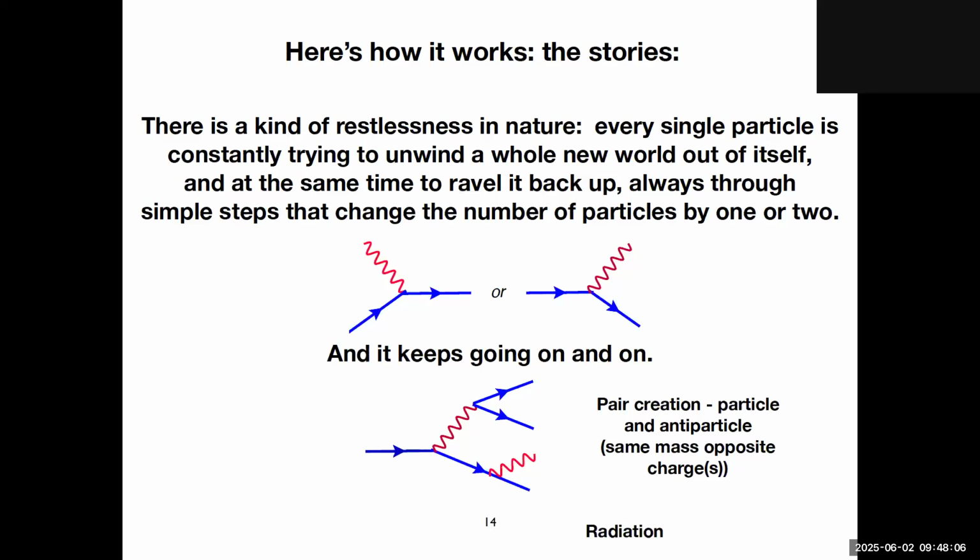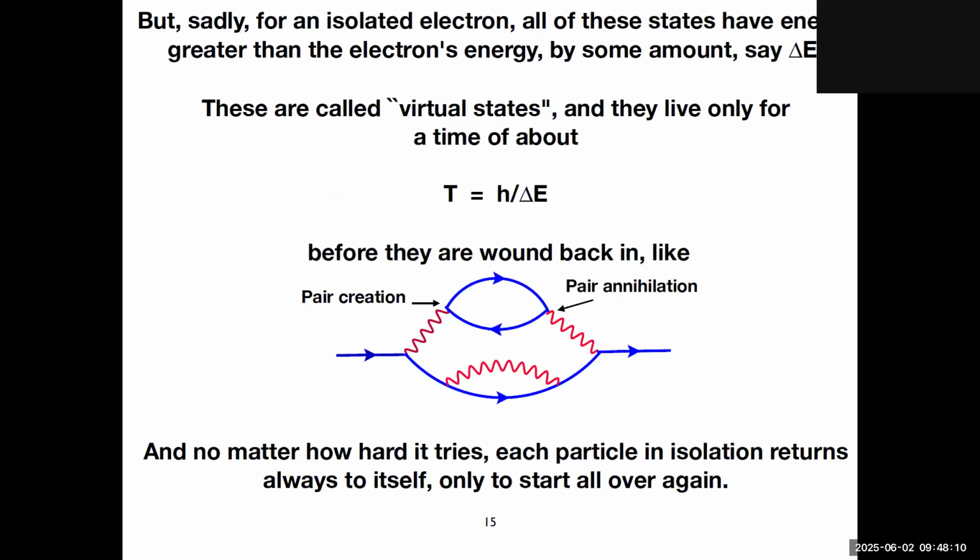And it gets more and more complicated as you go. But sadly, or not, for an isolated electron, all of these states have energy greater than the electron's energy by some amount, say some delta E. And these are the virtual states, a concept of which I'm sure everybody has heard. It's out there in the popular world. And they live only for a time.